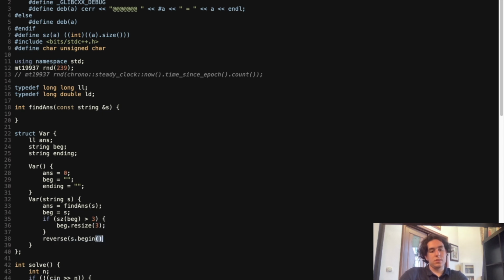Reverse ending equal S, if its size is more than 3, resize, reverse.